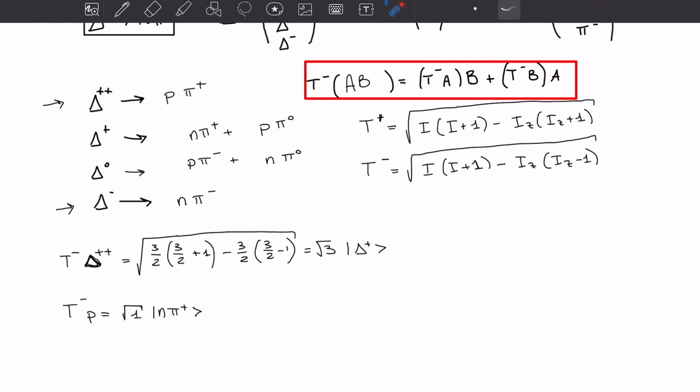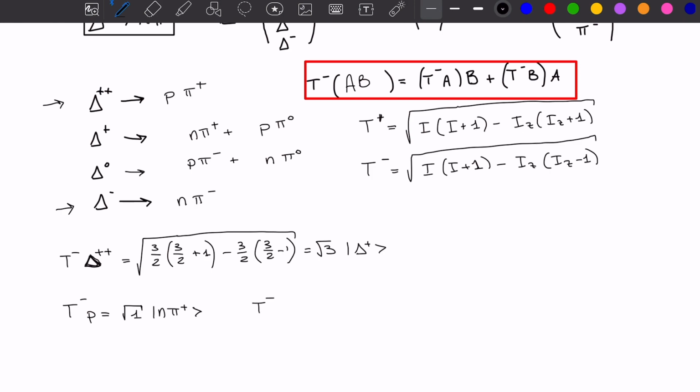And the reason that we know that it's n pion plus comes from this equation, because now that we have applied the T ladder operator minus onto the first particle, which for us again is the proton, you will end up timesing it by the B particle, and we know that when we finish up, the B particle will be our pion plus, and the only one that has pion plus in this equation is the first term, so we know that this is the right probability for that one, so it's the neutron and pion plus.